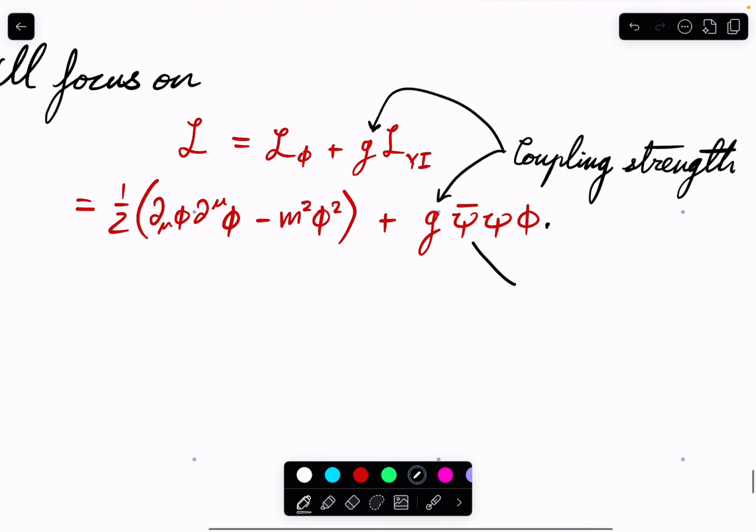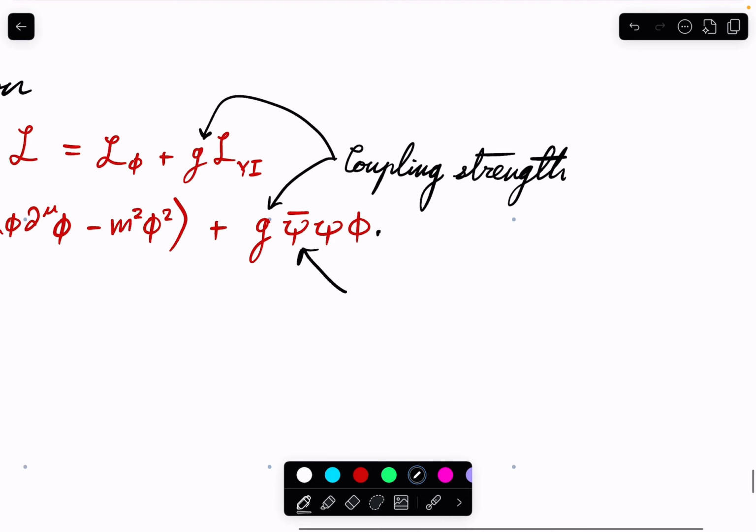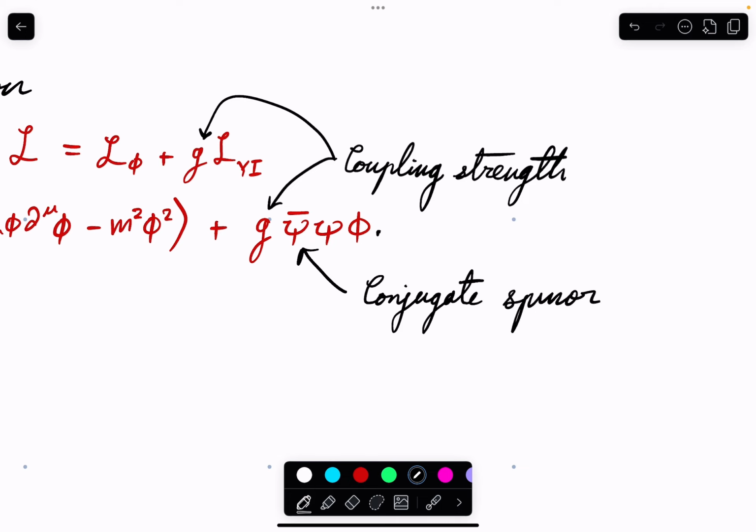And then this right here is the conjugate spinor. And the conjugate spinor, recall, is the Hermitian conjugate and then gamma naught.